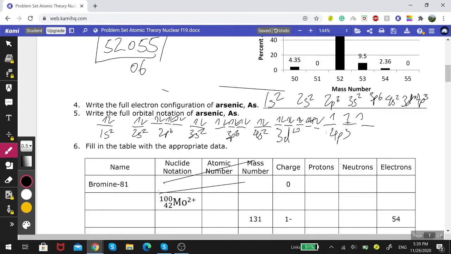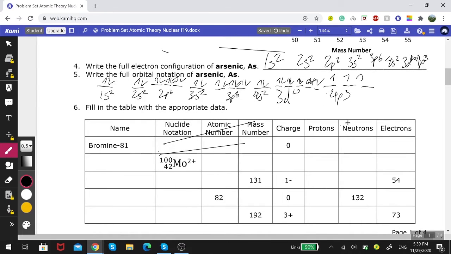Now fill the table with appropriate data. First the mass goes on top, atomic number goes on the bottom. Bromine atomic number is 35, so 35 Br. The charge is neutral, so we don't write any charges. The mass number is 81, as shown over here.